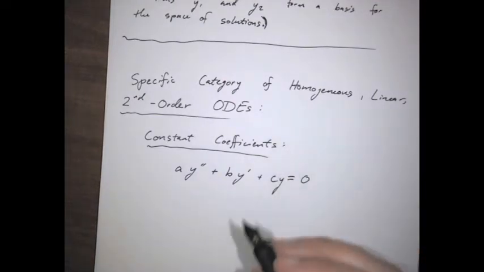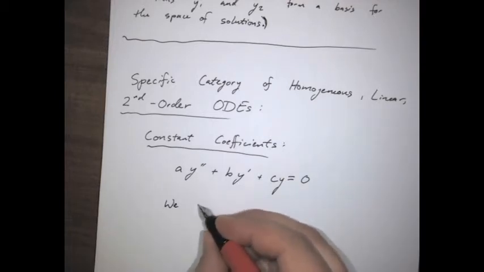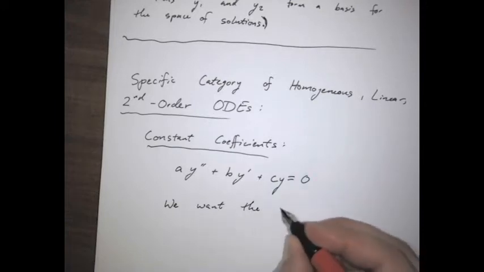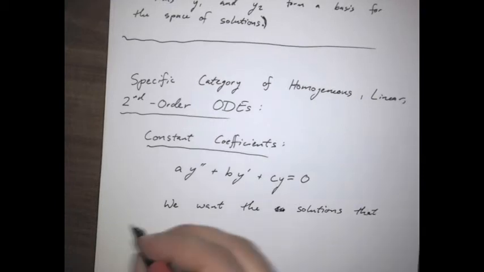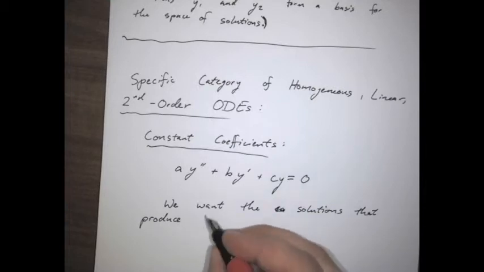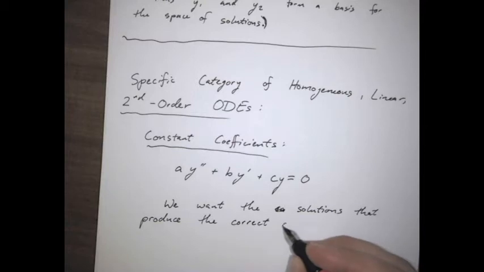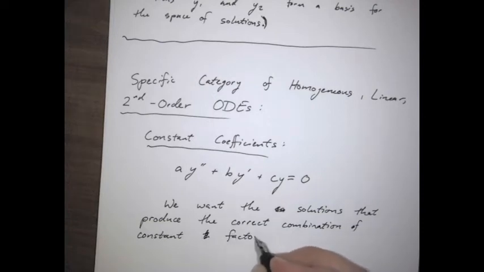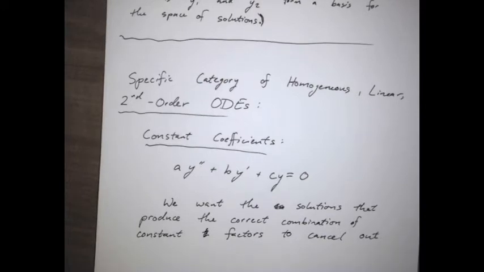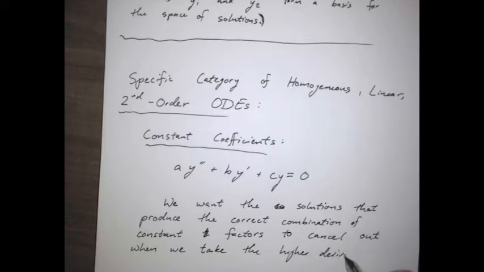All right, so now if this is our format, then we want the solutions that produce the correct combination of constant factors to cancel out when we take the higher derivatives.